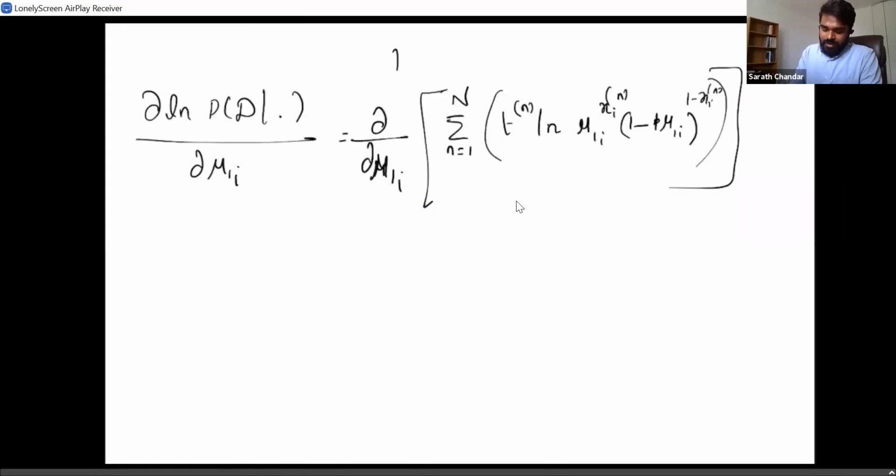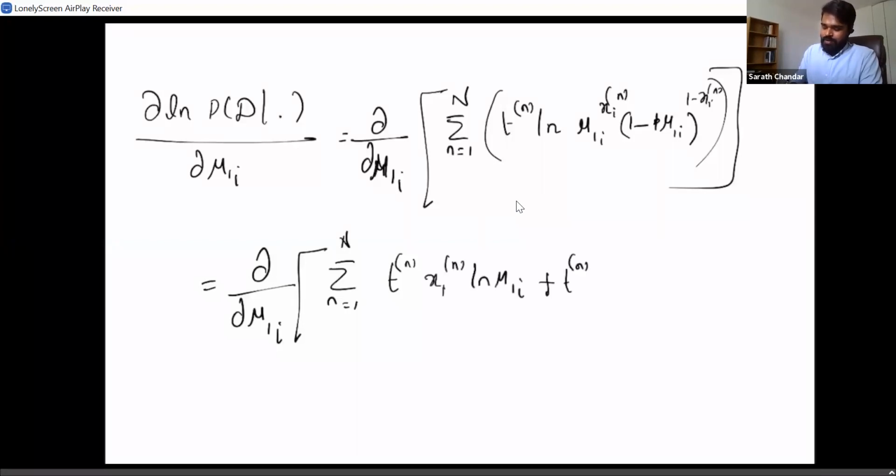So now I want to differentiate this: dou by dou mu1i of summation over n is equal to 1 to N, t of n, xin times ln mu1i plus t of n, 1 minus xin, ln 1 minus mu1i.